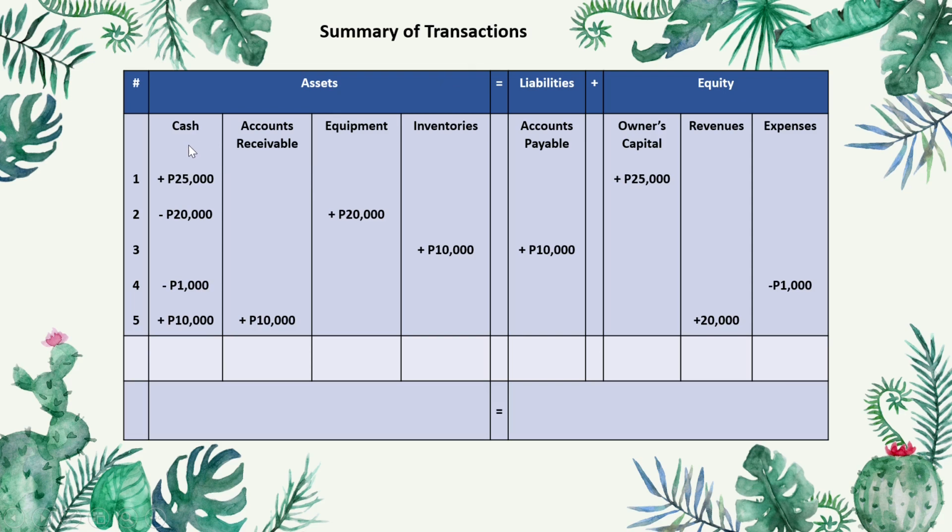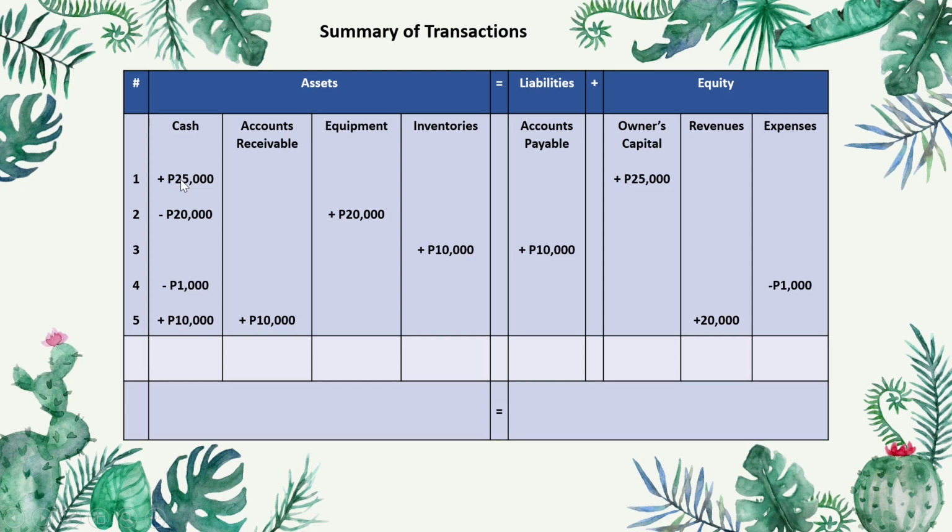So, we have assets, cash, accounts receivable, equipment, and inventories. Liabilities, we have also accounts payable, owner's equity, revenues, and expenses in equity. So dito muna tayo sa assets, cash. So sa first transaction, we have cash worth 25,000, positive sign.